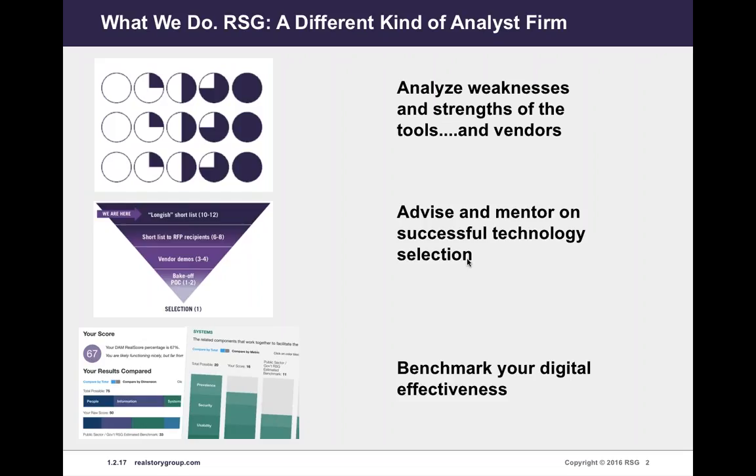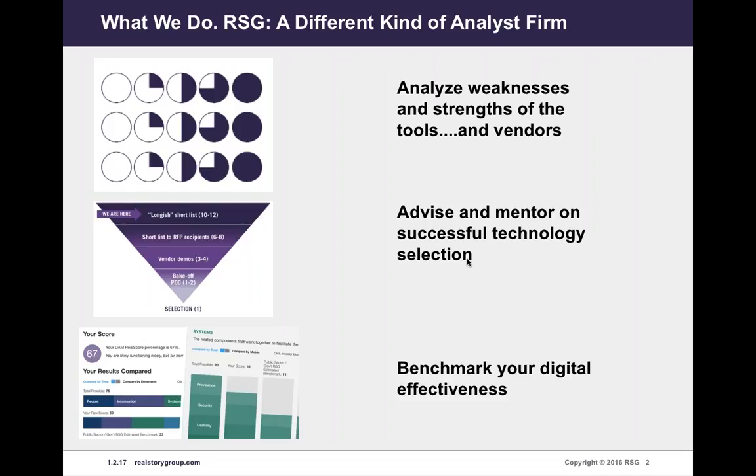So what we offer is detailed evaluations of over 150 vendors in the digital workplace and digital marketing technology world. And also, we have tools that allow you to really narrow down those vendors to a short list that is based on your specific needs and use cases, so then you can make a very well-informed technology choice.